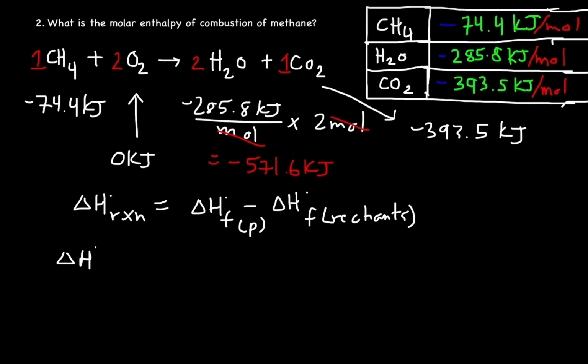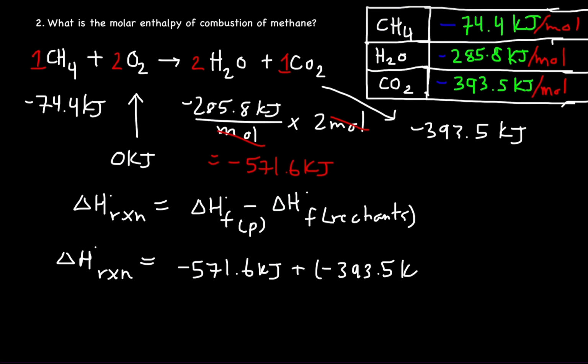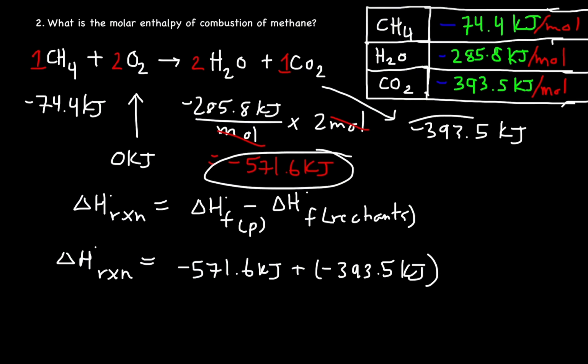On the product side, we have negative 571.6 kilojoule plus negative 393.5 kilojoule. This is only for product, you see. This is for water and this is for carbon dioxide.